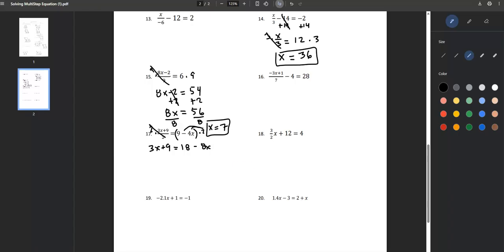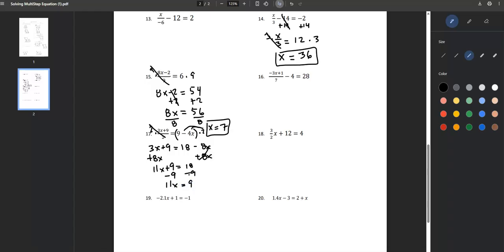Once I get to this point, it's a lot like ones we've already seen. I'm going to get the x's together, and because I have this smaller negative 8, I'm going to add 8x. Again, that'll cancel that out. I'll be left with 18 here, left with 9, and this will be 11x. Then I need to move the plus 9, so minus 9, and I get 11x equals 9.